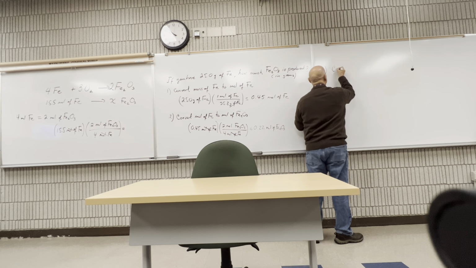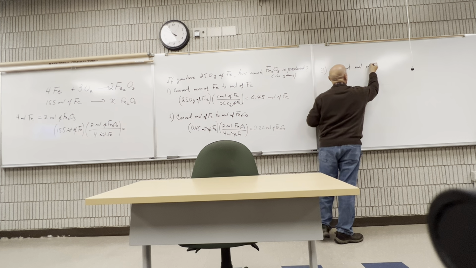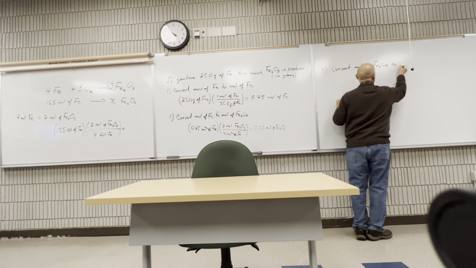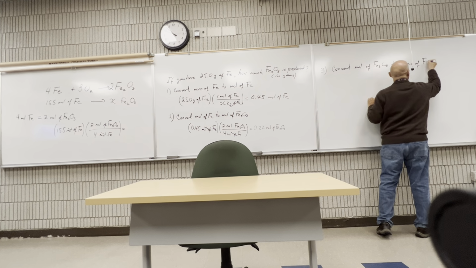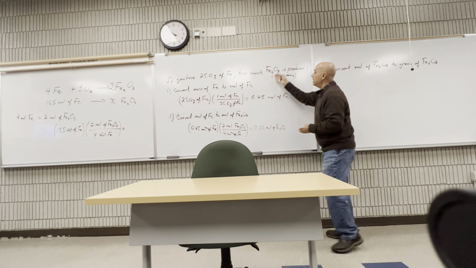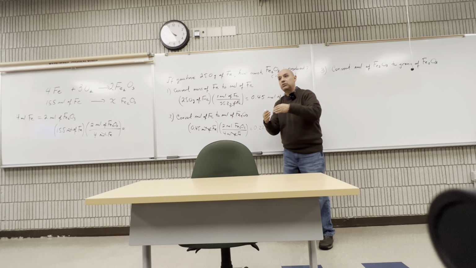So convert mole of Fe2O3 to grams of Fe2O3. You see, we couldn't convert that directly from iron to iron 3 oxide. We had to go through moles.